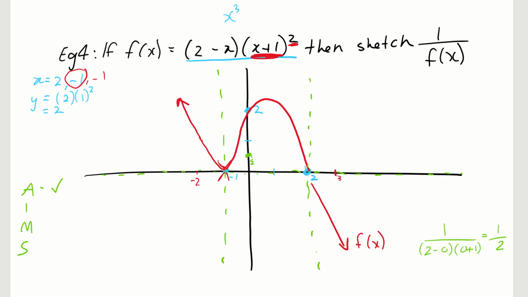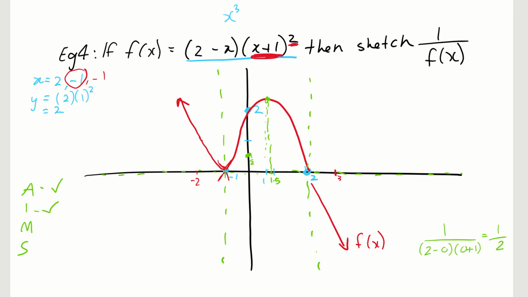Next part, minimums and maximums. We've got a maximum here, and this maximum occurs halfway between -1 and 2, so 1.5. My graph's a little bit out of scale, but 1.5 is here. So I'm just going to put 1 about there.